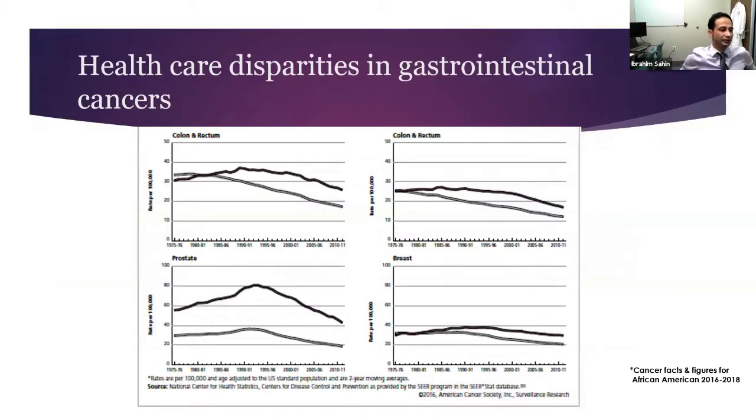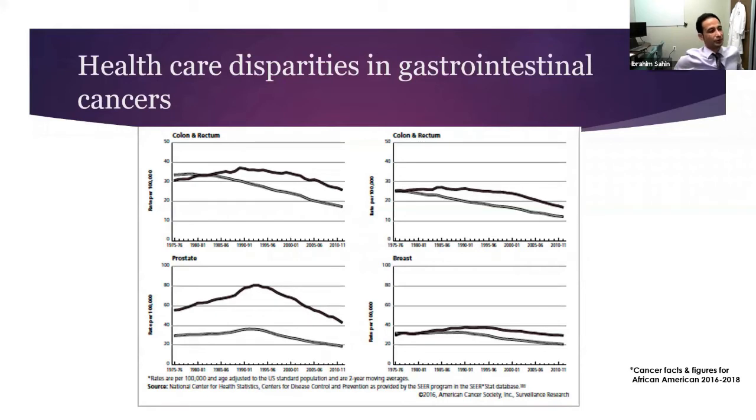And this figure is very interesting, for example for colorectal cancer. If you go back to the early 1970s, the colorectal cancer incidence and mortality rates were higher in the white community. But that started to change in the late 80s, and the lines crossed to the Black lines, demonstrating the African American and Black community.